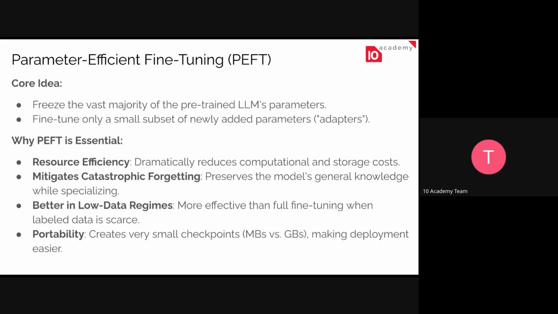It mitigates catastrophic forgetting: it preserves the model's general knowledge while specializing, and it's better for low-data regimes. And portability: it has very small checkpoints, making deployment easier. Even now, you're going to be deploying it on your local machine, so it's very lightweight.